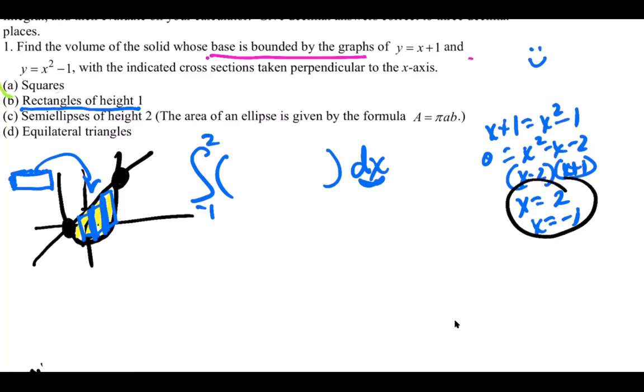And then we're going to get the other 2 sides. The base of it is top minus bottom, so that's going to be x plus 1 minus x squared minus 1. That part was negative x squared plus x plus 2.